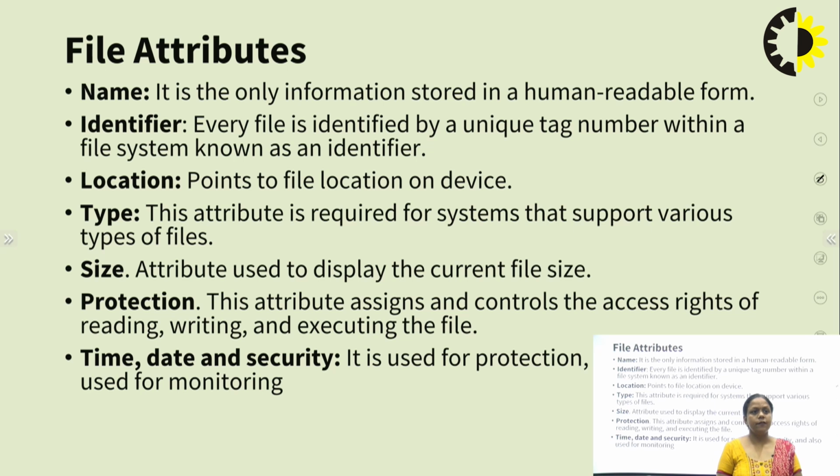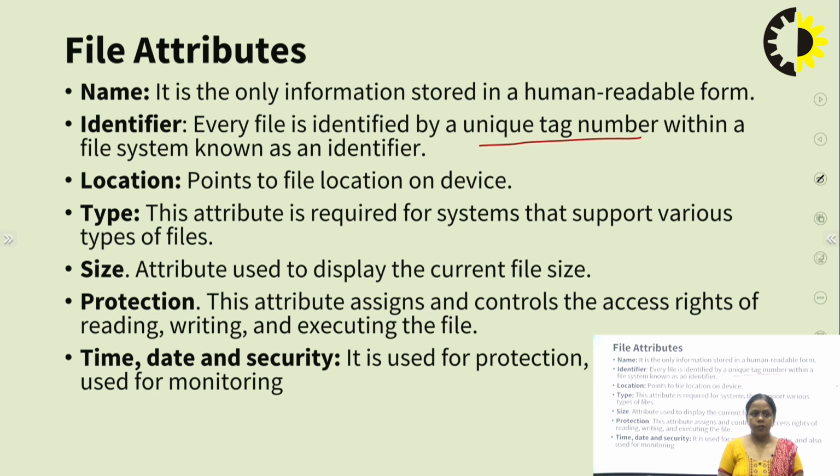Now next is file attribute. A file can have these different attributes. First one is name, which we are already familiar with. It is the only information stored in human readable form. Identifier. Every file is identified by a unique tag number within a file system, known as an identifier.